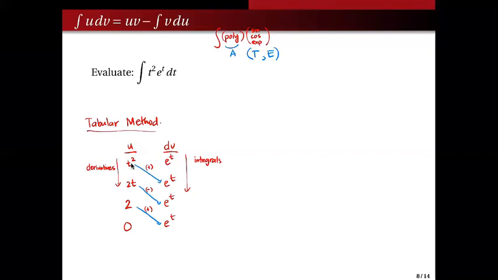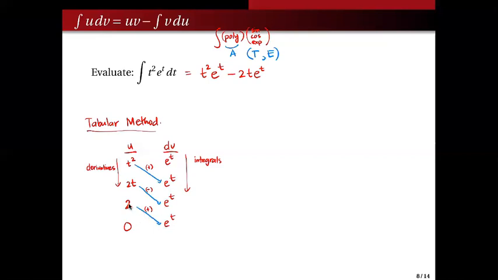So what I'm saying is you multiply t squared times 1 because that's positive 1, times e to the t. So that's your t squared e to the t. And then next, you have 2t times negative 1 times e to the t. That's negative 2t e to the t.